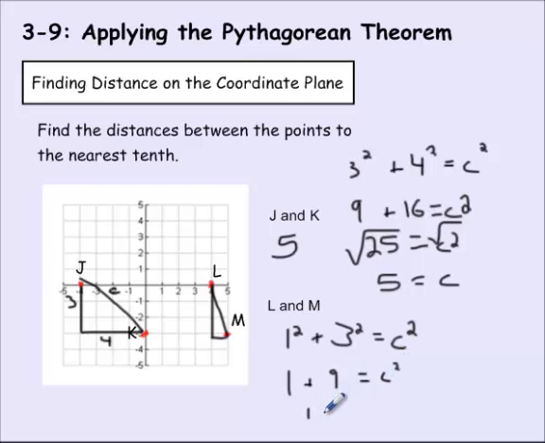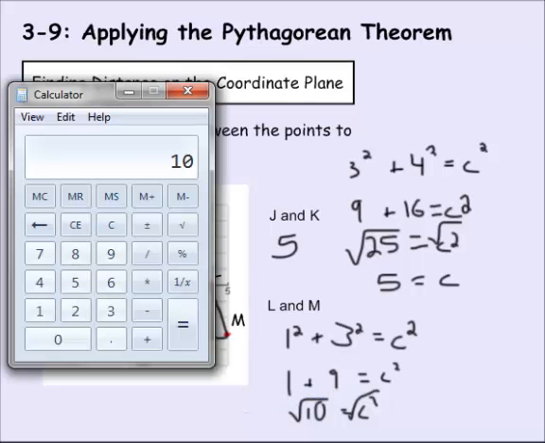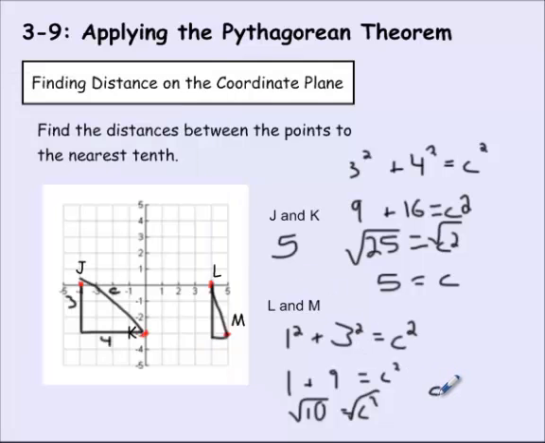So 1 plus 9 is 10 equals C squared. Then we square root both sides. Square root of 10 would be 3.16. So C equals 3.16. So 3.16, let's write this over here. That would be the length between L and M, this length right here.